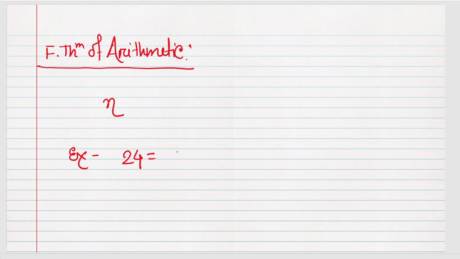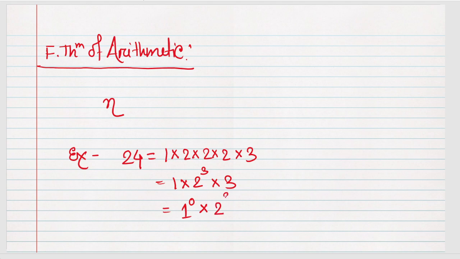If we take the number 24, we can write it as 1 into 2 into 2 into 2 into 3, which is 1 into 2 cube into 3. I am intentionally writing this in this form.